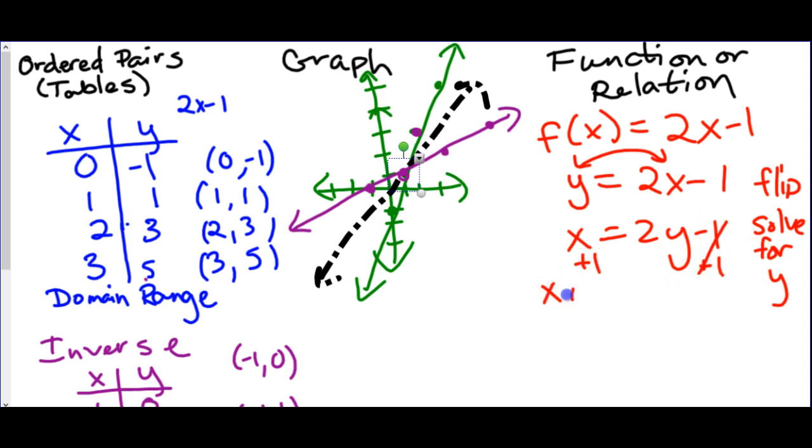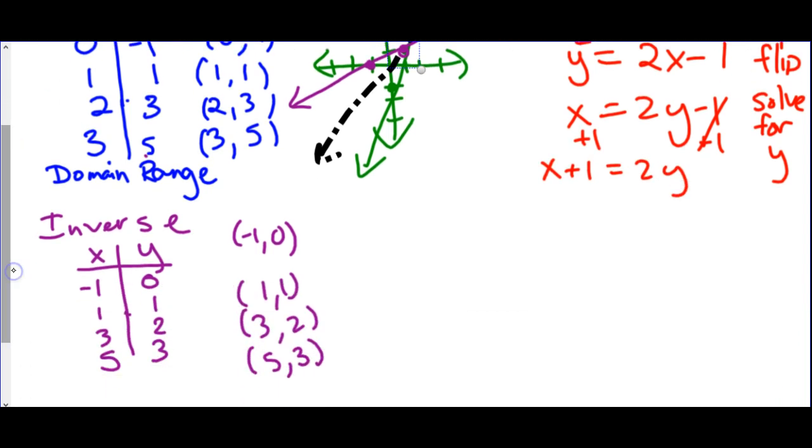It would give me x plus 1 equals 2y. Then I want to get rid of the 2. The opposite of multiplying by 2 is dividing by 2. And we do have to divide everything by 2. So we get (x plus 1) over 2 equals y. Most of the time then we write it with the y first.